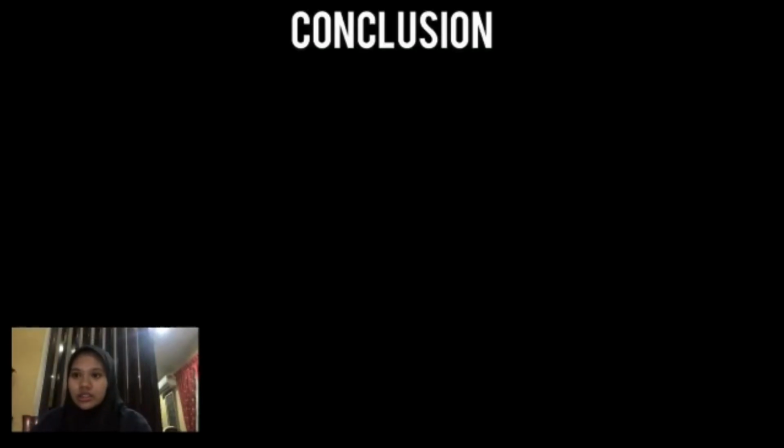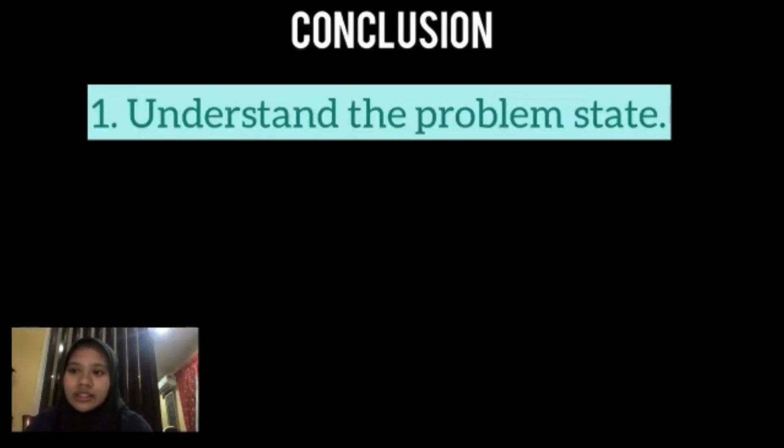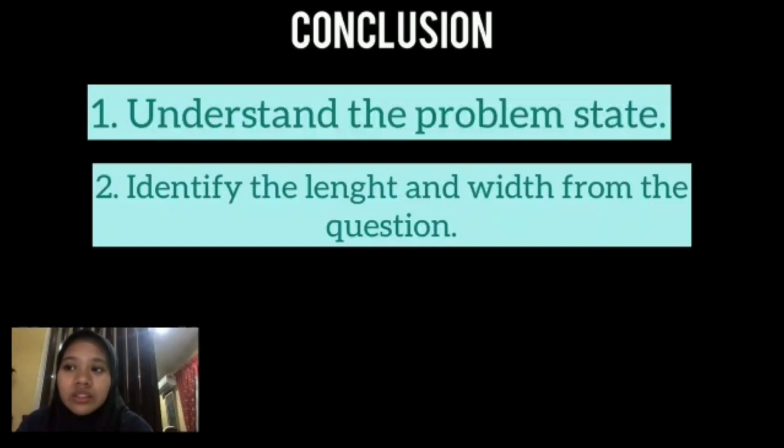So the next one is the conclusion part. What we can conclude from the question: first, we need to identify or understand the problem statement. In this case, we need to find the area of the rectangle. First thing first, you need to identify the length and the width to make the calculation easier. And y is the length and x is the width, so it's easier if you identify it first.